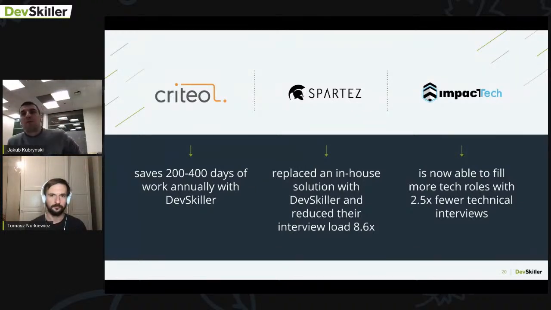Impact Tech is able to fill more technical roles than before, even if they cut down the number of interviews almost three times. So as you can see, it works mostly because we totally changed the approach that was adopted by the market. And I totally don't believe in simple algorithmic challenges.